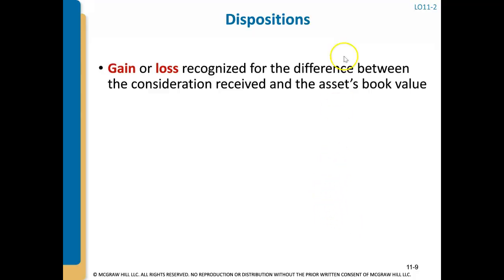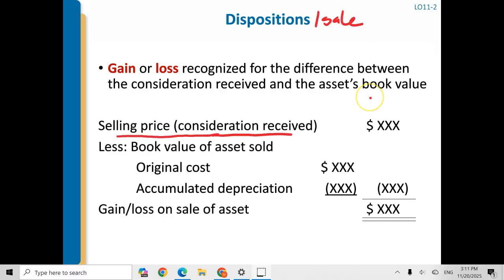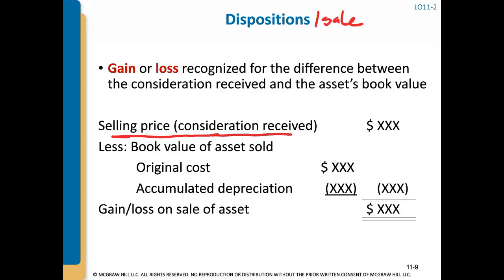When we say dispositions, we are talking really about a sale of a long-term asset. Typically, when an asset is sold, the company receives consideration, typically cash, but it could be something else. A company could give you land in exchange for this asset, or some of their accounts receivable.